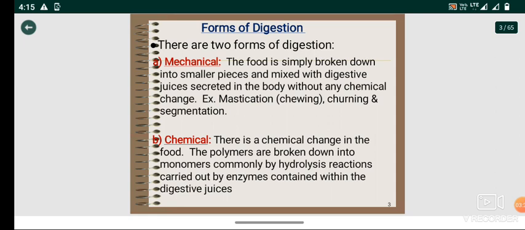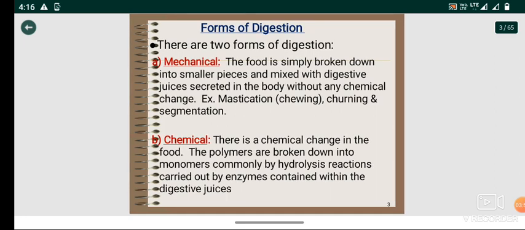So only a physical change happens in mechanical digestion. The food is simply broken down into smaller pieces and mixed with digestive juices without any chemical change. This is known as mechanical digestion, for example, mastication or chewing, churning and segmentation.